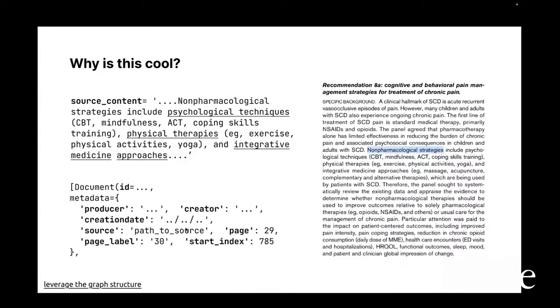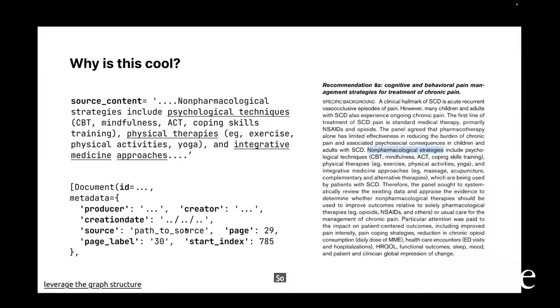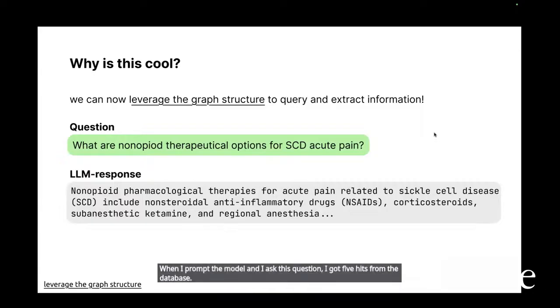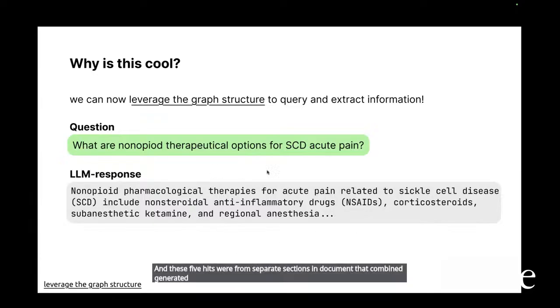And the thing is, we then can combine different sources from the document to generate a better response that we actually want. So I'm showing you just one of the hits, I would say. When I prompt the model and ask this question, I got 5 hits from the database. And these 5 hits were from separate sections in the document that, combined, generated this response.